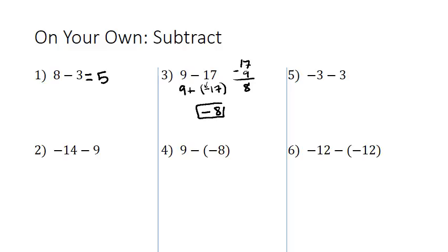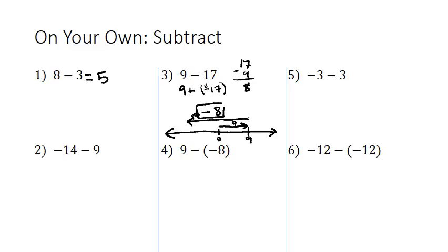The other way that we can look at this is on a number line. I'm going to start here at 0. I'm going to come this way by 9, which gets me to positive 9 here. But then I have to go in this direction by 17.